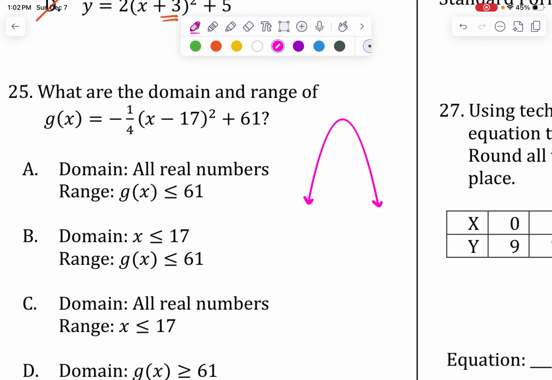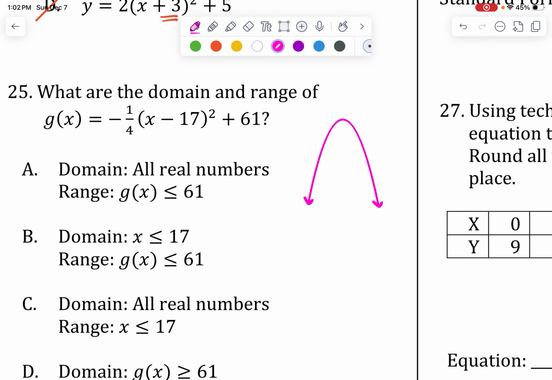And then I am going to pull the h, k value from the parentheses, and that's going to give me a vertex of 17, 61. All right, so it opens down, and it has a maximum value of 61, right?